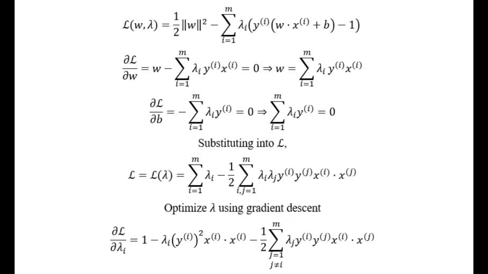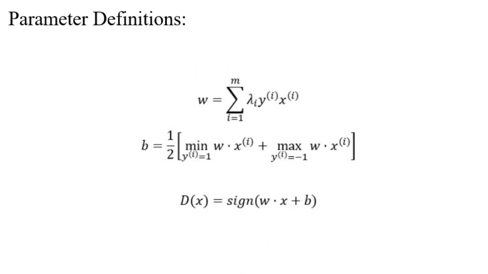Applying this to our case and performing the relevant calculus and algebra, we reduce our Lagrangian to be just in terms of the multipliers. We can then optimize our solution using gradient descent. Once we have optimized our solution, we can find the parameters for our hyperplane. The decision rule is the same as before. We take the inner product with the vector w, add the intercept term and take the sign of that value.